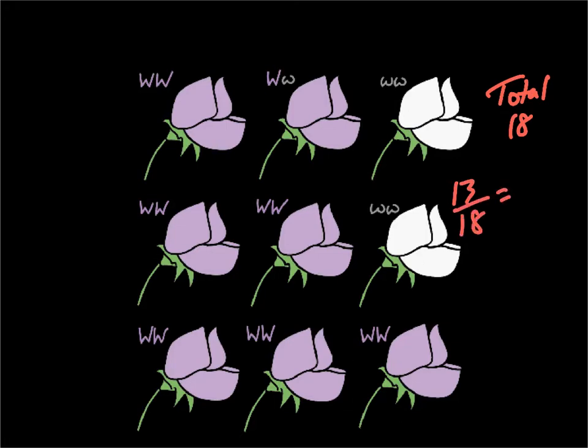So 13 out of 18 is approximately 72%. There's 18 total, so 1, 2, 3, 4, 5 lowercase, and 5 out of 18 is approximately 28% for the lowercase, and that makes sense in this example. Again, both of these add up to 100%.